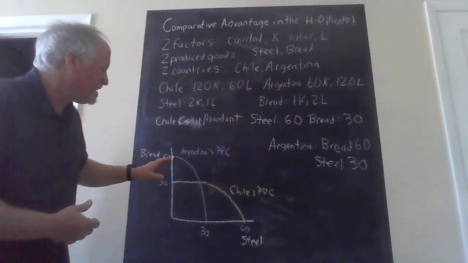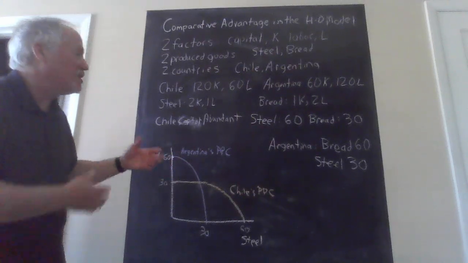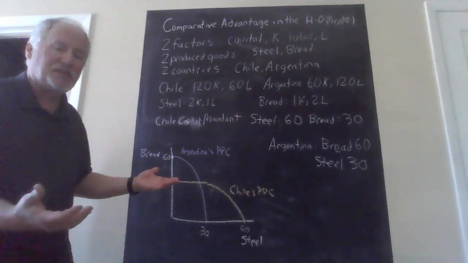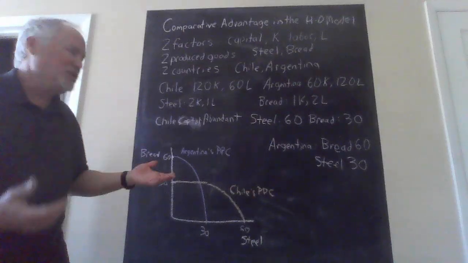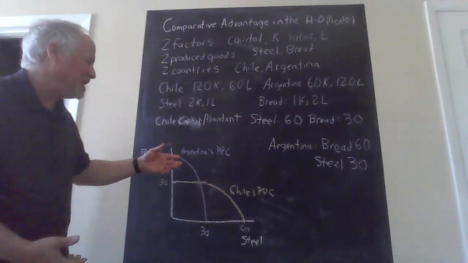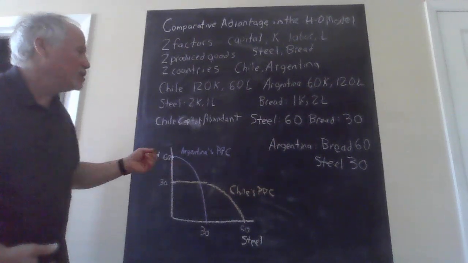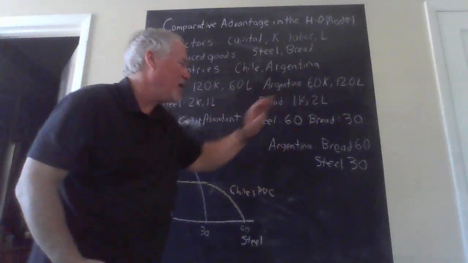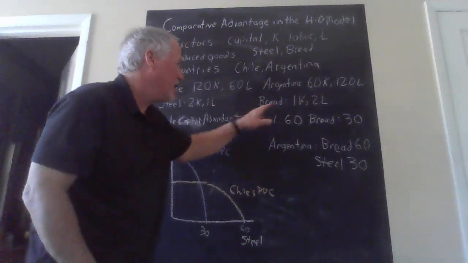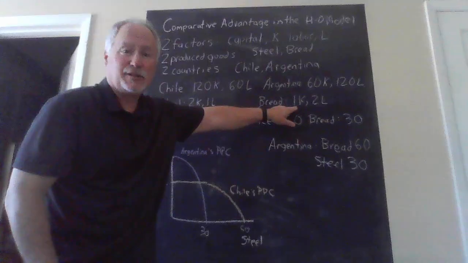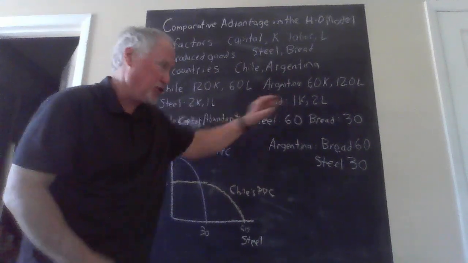But what we can see is that Argentina, given their factor endowments, has a lot of labor. You need more labor than capital to produce bread. So Argentina is labor abundant, and they can produce a lot of the good that intensely uses labor in its production.